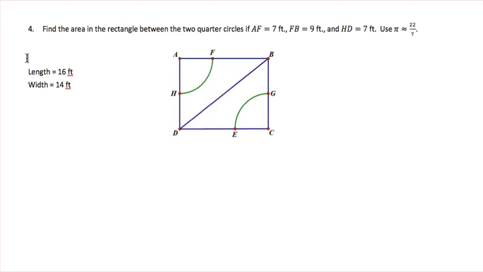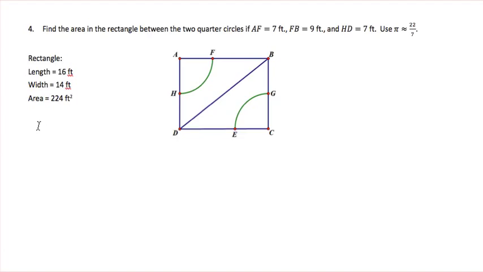Remember, this is for our rectangle. So if we find the area of the rectangle, which is 16 times 14, that's 224 square feet.